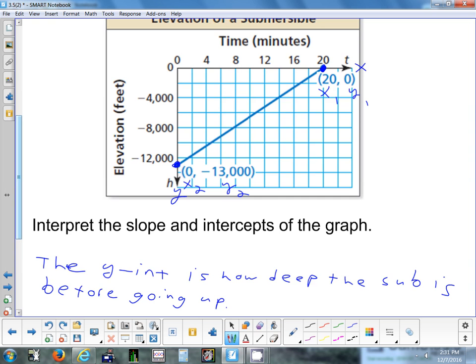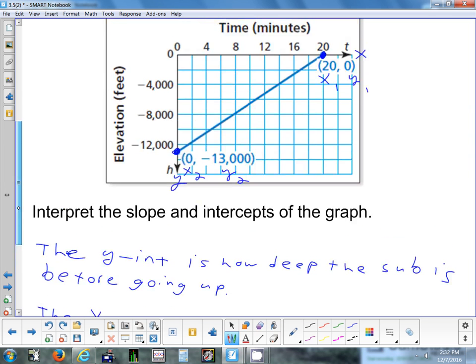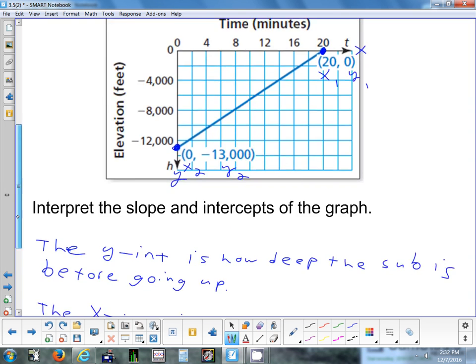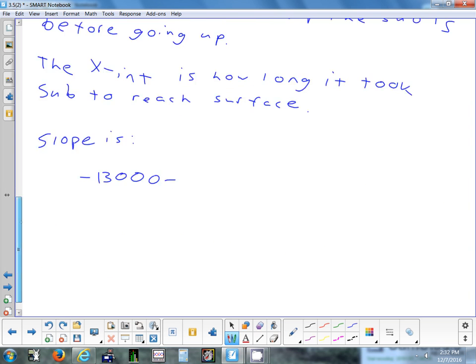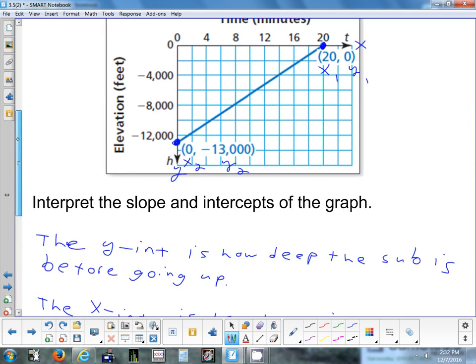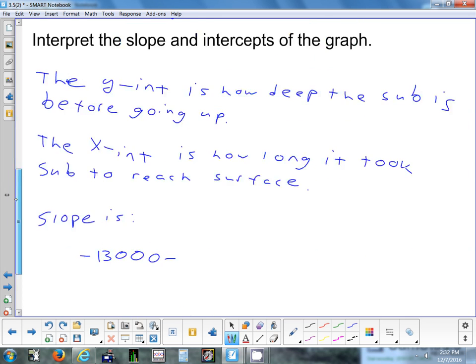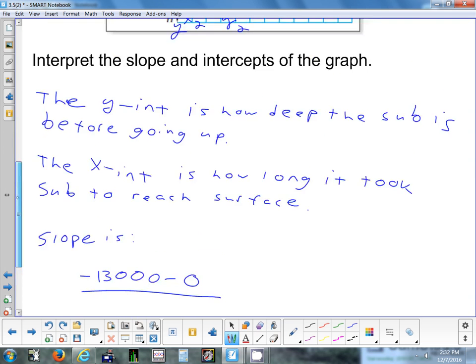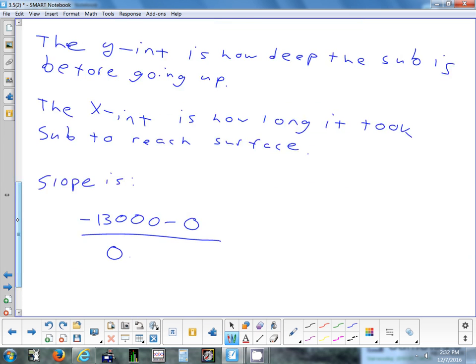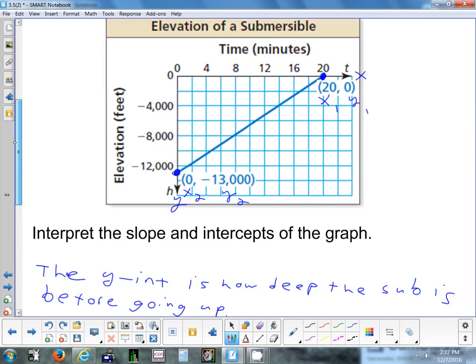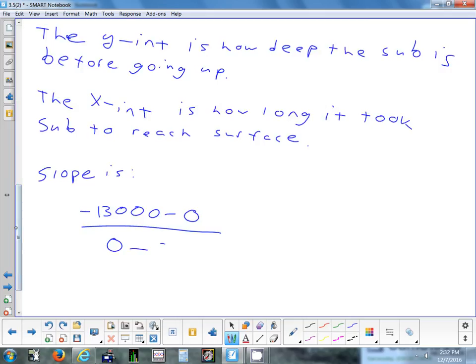All right, so y2 minus y1. What's y2? Negative 13,000. So negative 13,000. What's y1? Okay. Yep, 0. Over. What's x2? 0. What's x1? 20. Well, if I take negative 13,000 and I don't subtract anything, what do I get?